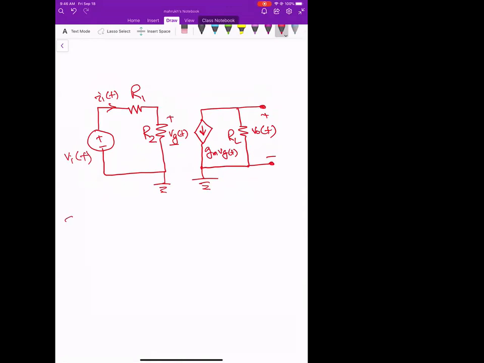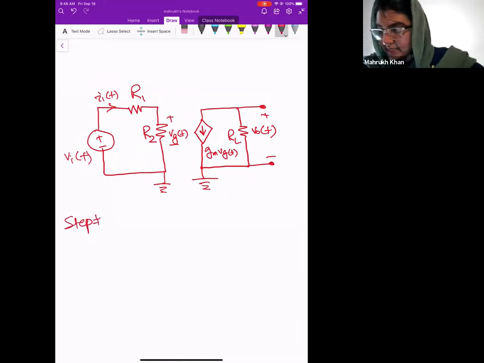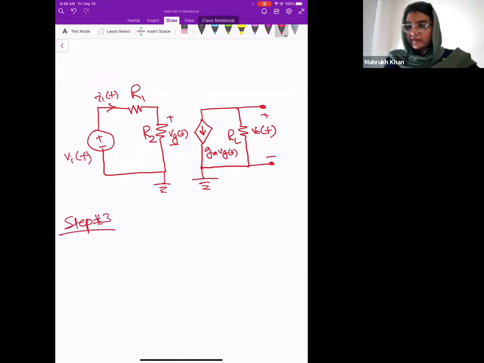Voltage law? Yes, because you can see in the input stage that we have the series loop, right? That is one loop. So we will write the Kirchhoff voltage law, KVL.